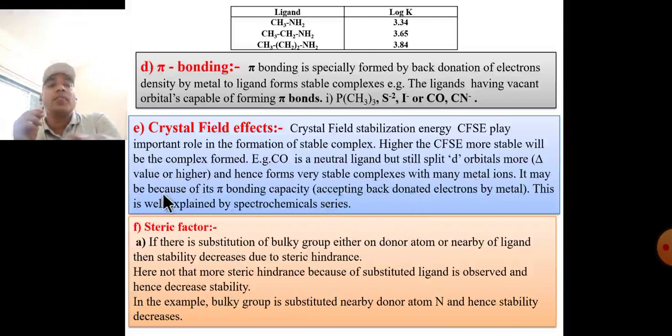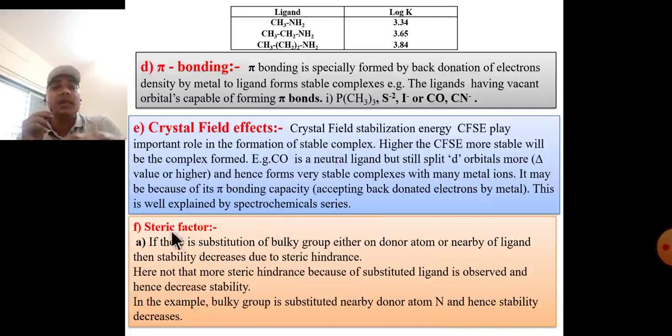It may be because of its pi bonding capacity, accepting back donated electrons from the metal. This is well explained by the spectrochemical series.